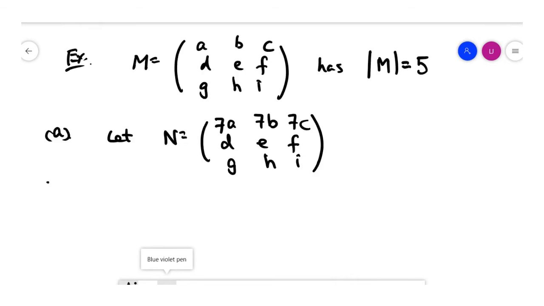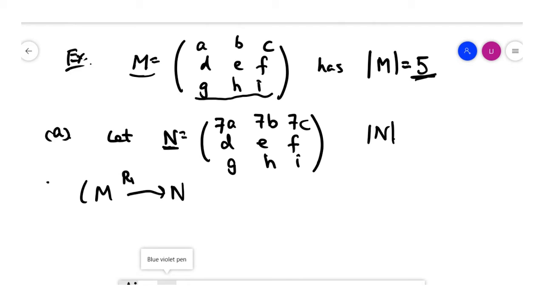Once again, in the new exercise, I'm not giving you the actual entries of the 3 by 3 matrix M. I'm only telling you that M has determinant 5. For the new matrix N, can you tell me the determinant of N now? Please notice what you are doing. What you are changing from M to N is multiplying the first row by 7, right?